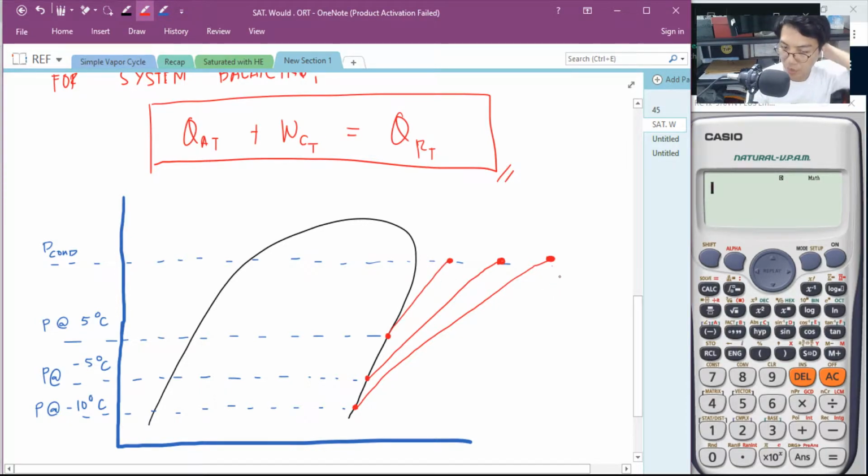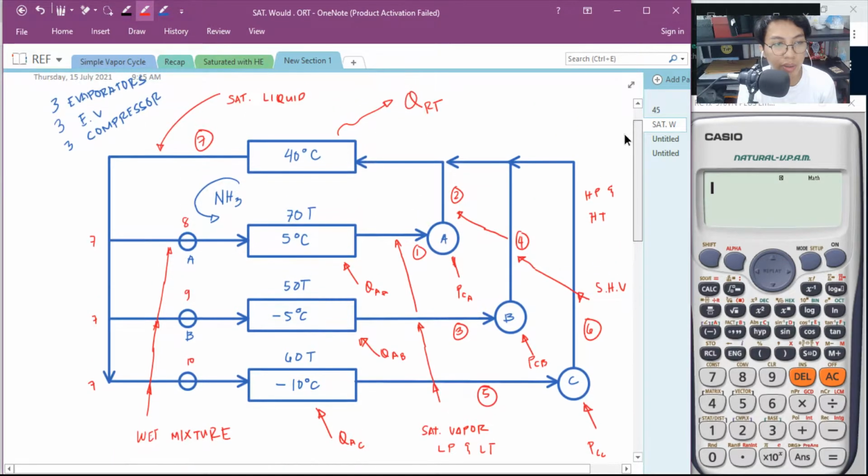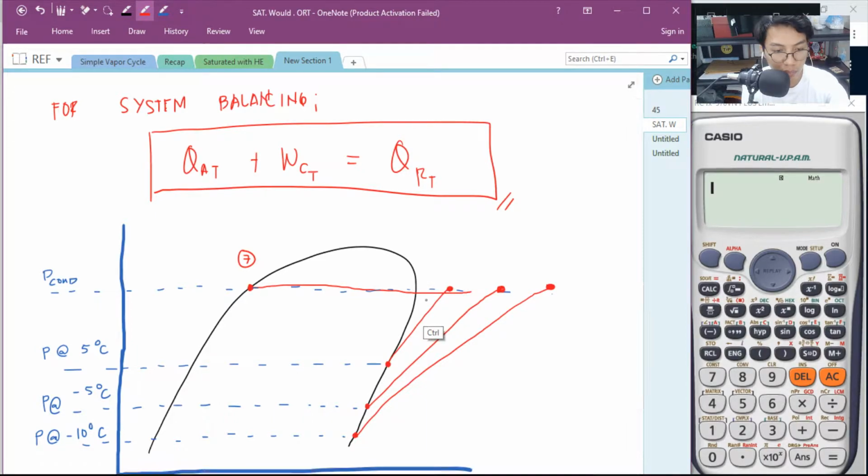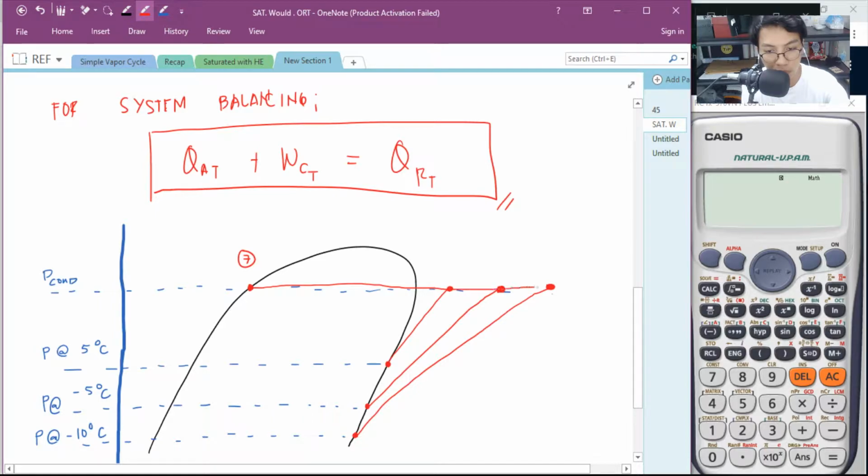Yan. So, going back, andito yung point na kung saan magiging liquid siya. Saturated liquid, ano yan? That is 0.7. Erase natin. Yan. So, this is isenthalpic or throttling process.